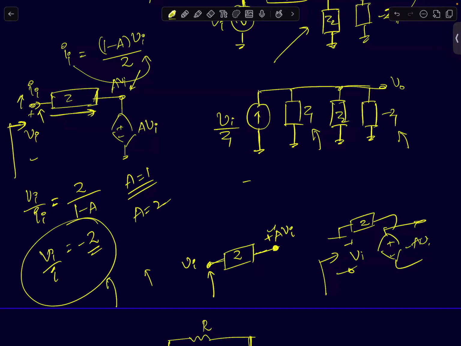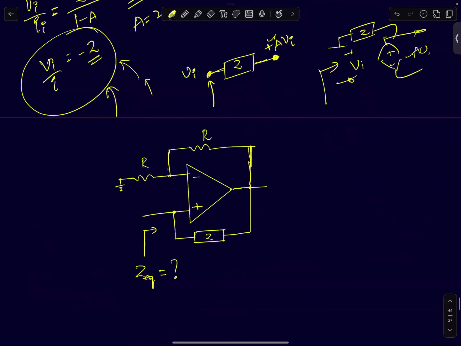This is what we are going to use to realize negative impedances. The whole idea is, if I can put an impedance across a gain stage such that the gain of this amplifier happens to be 2, then I can, in theory, get a perfect negative impedance.